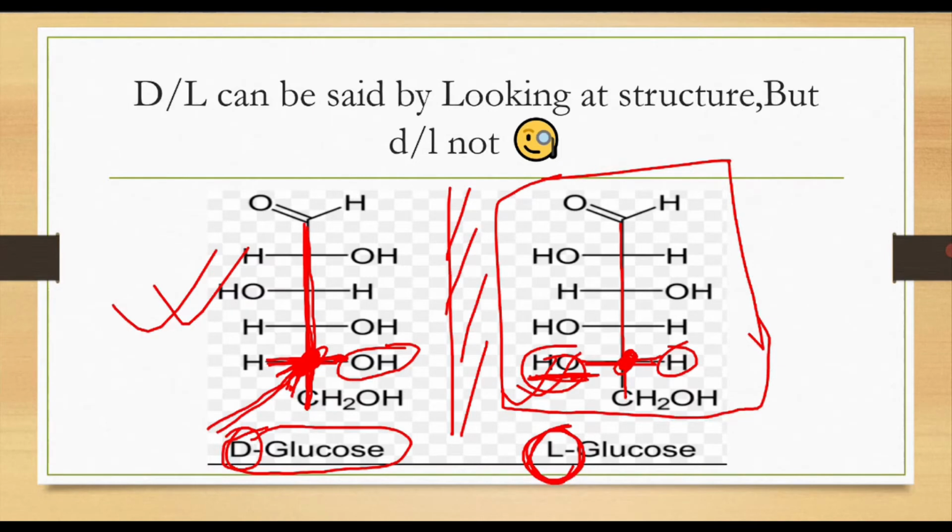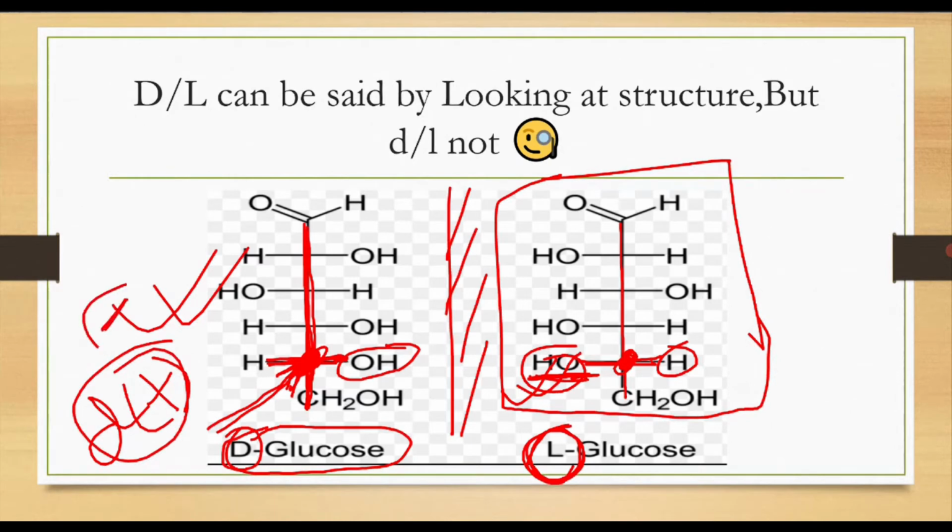If it rotates clockwise, it will be called plus or small d, and if it rotates anti-clockwise, then we call it minus or small l. Hope it is clear to all of you now.